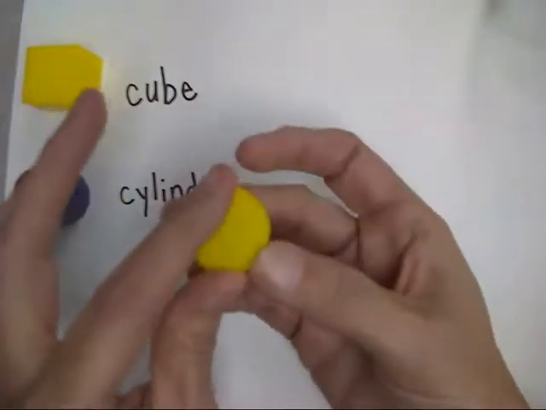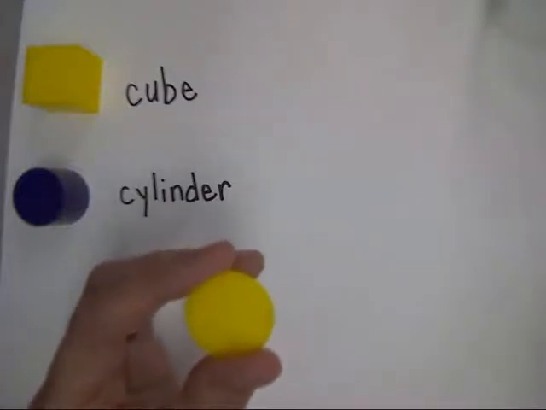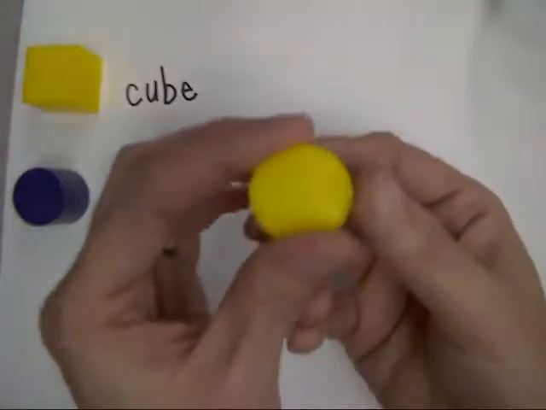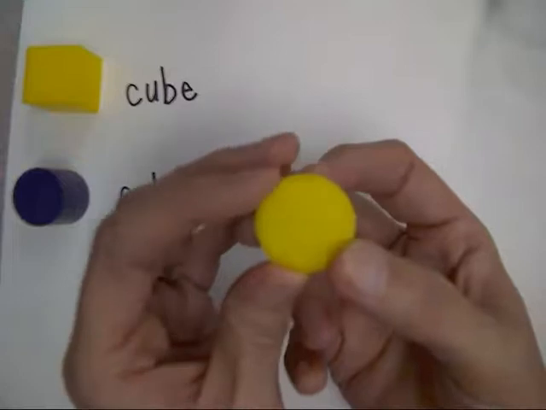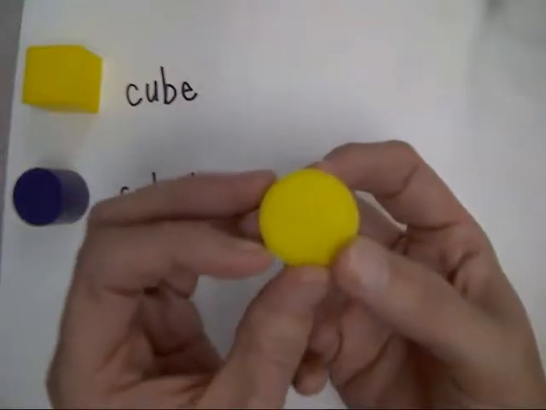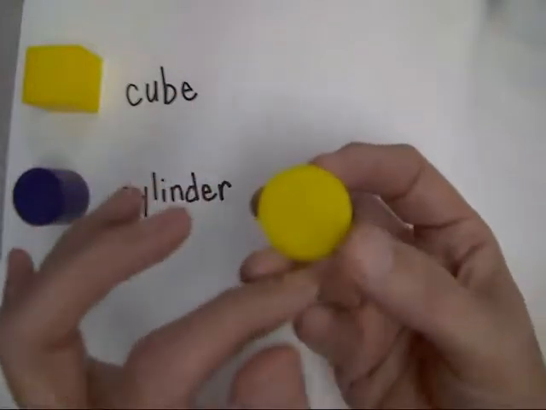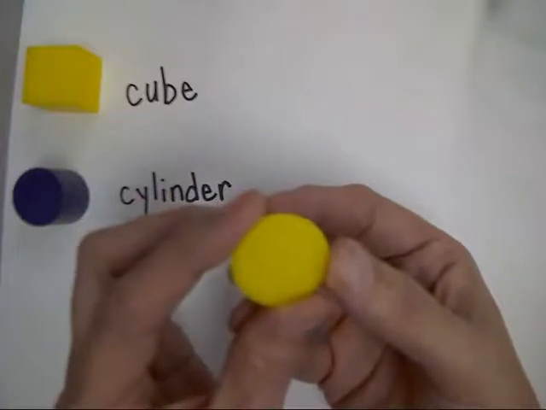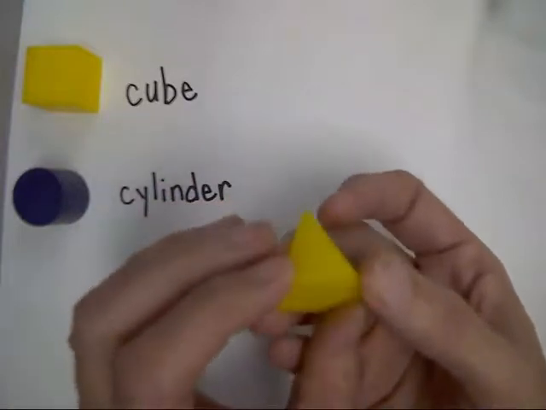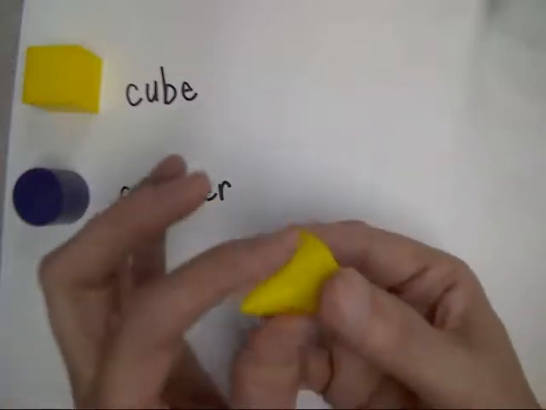So here is the face of our figure. What does this face look like? What shape? It does look like a circle because it has curved lines, no straight lines. But it's not flat, is it? It pops up.